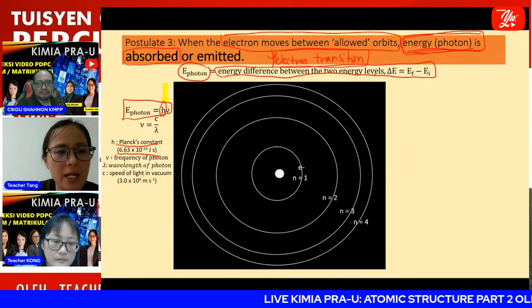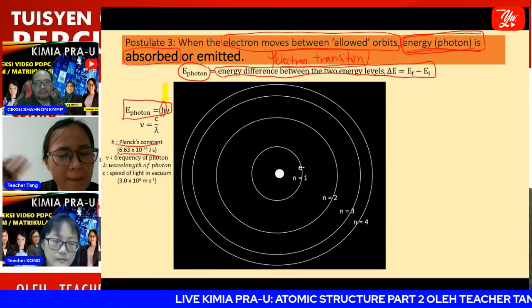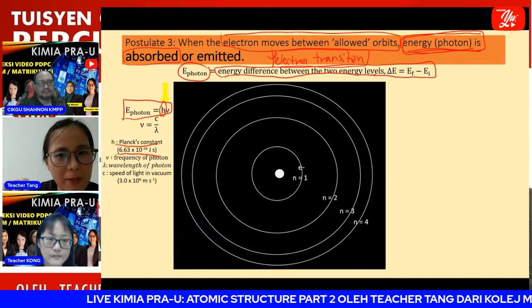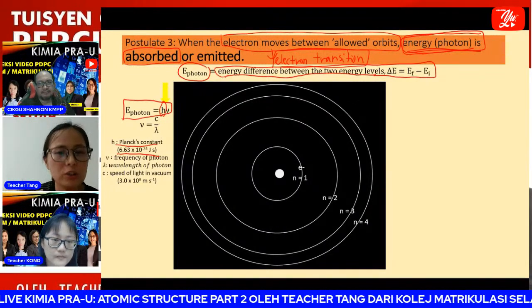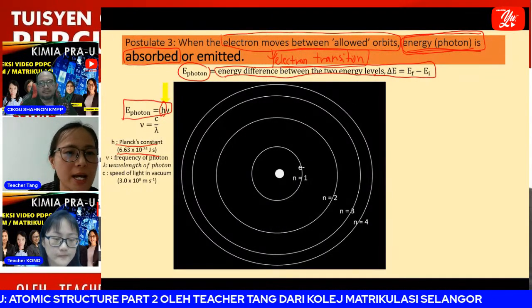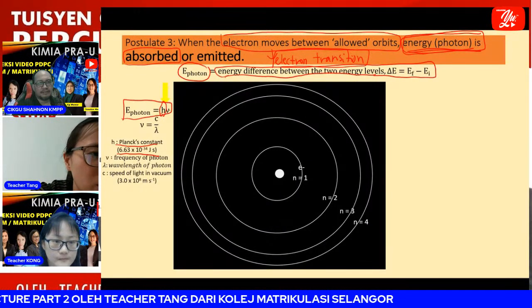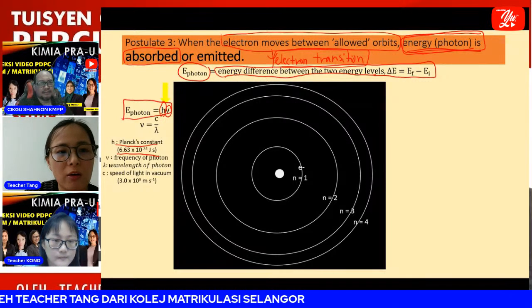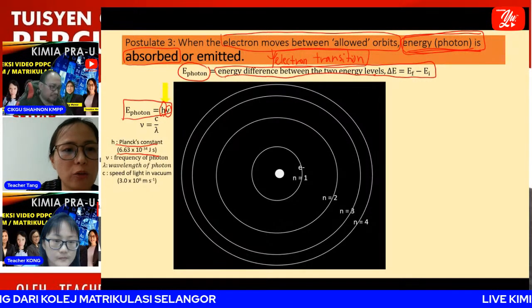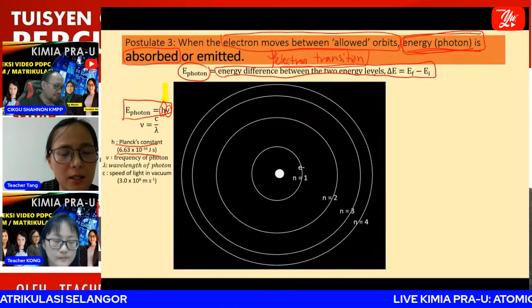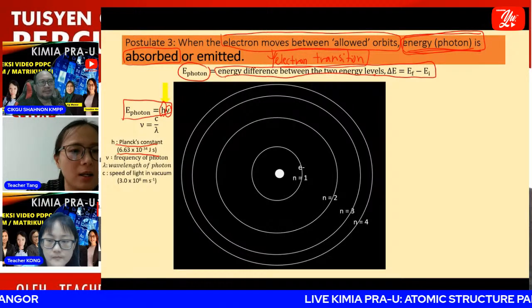You don't need to remember this constant because it is in the constant table that you already have, so you just need to refer to the table. And then the nu here refers to the frequency of the photon.